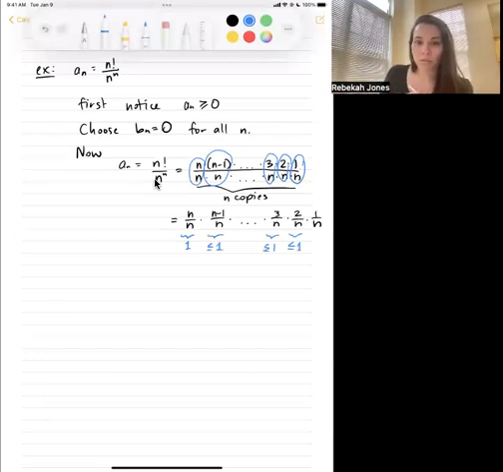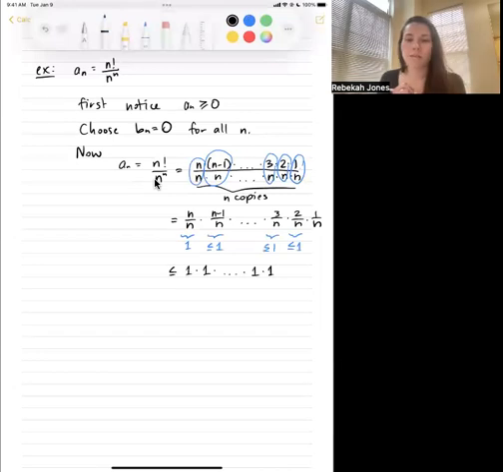So if each of these pieces is less than or equal to 1, then when I multiply them together, I get something that is less than or equal to 1 times 1 times 1 times 1, all of these ones, and then I have my 1 over n.